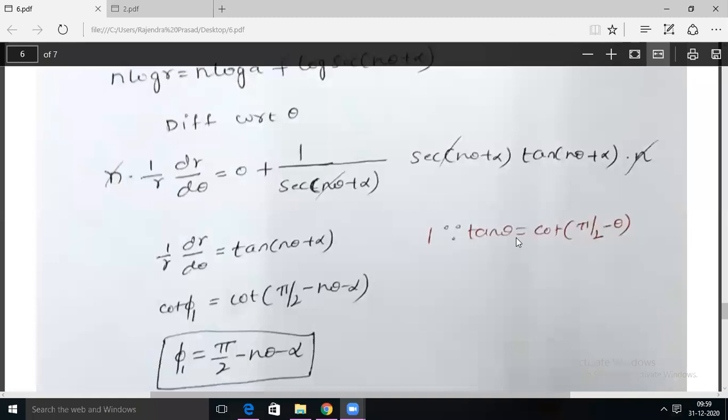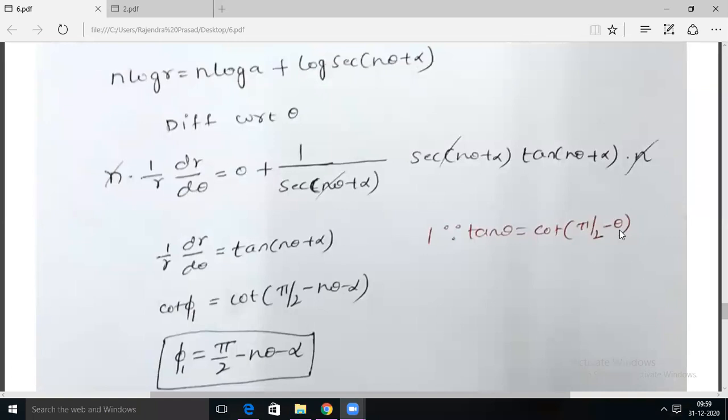We know that by using allied angles, tan θ can be written as cot(π/2 − θ). We try to put it in terms of cot so that we get the explicit form. Tan θ = cot(π/2 − θ). So in place of theta, we have here nθ + α. The outside minus is there, so we can write minus nθ minus α.